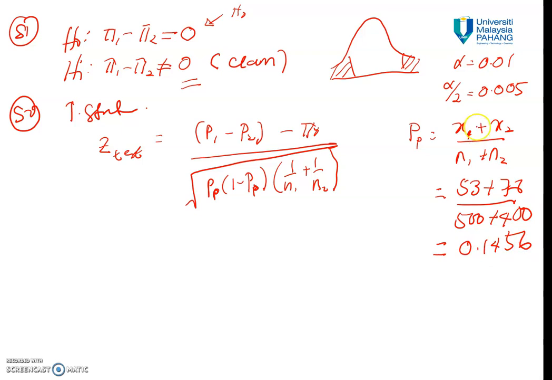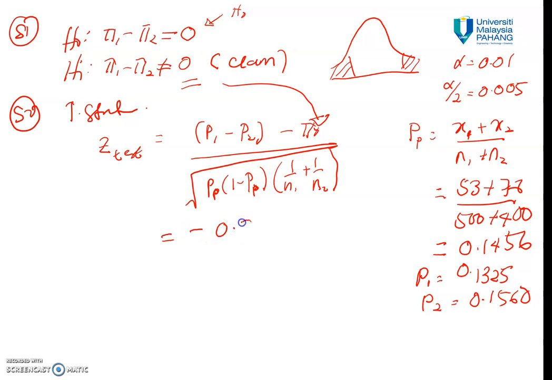You have P1 from the previous video, which is 0.1325, and P2 is equal to 0.1560. So you have P1, P2, the pooled P, and pi naught is 0, and you have your n1 and n2. Substitute all the values into the formula and your answer will be negative 0.9932. Everywhere should be 4 decimal places. So that is your step number 2.